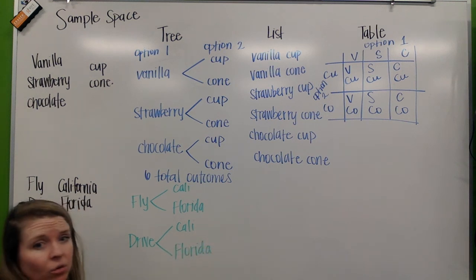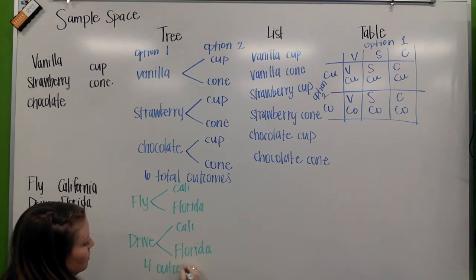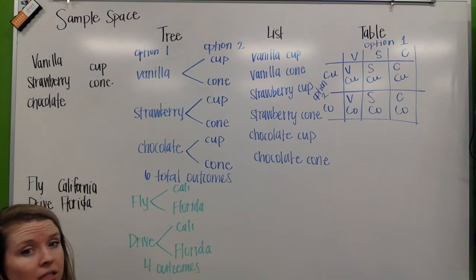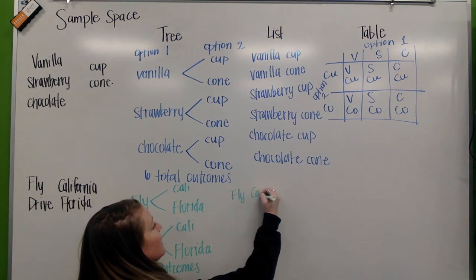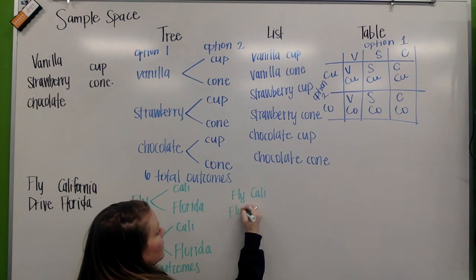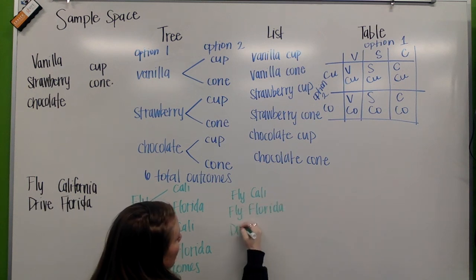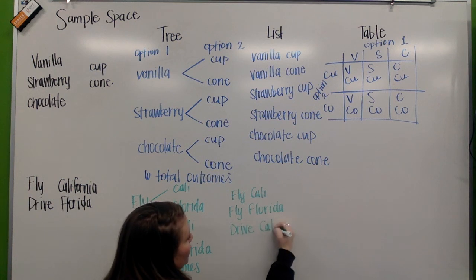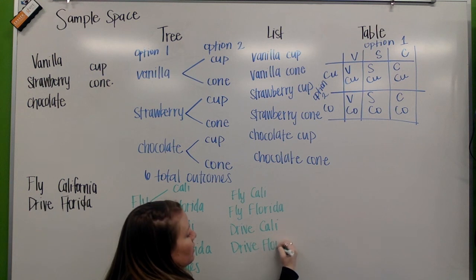And here we're seeing 4 outcomes. So if we list them, our list here, we're going to fly to Cali or we're flying to Florida. Or I'm going to drive to California or I'm going to drive to Florida.